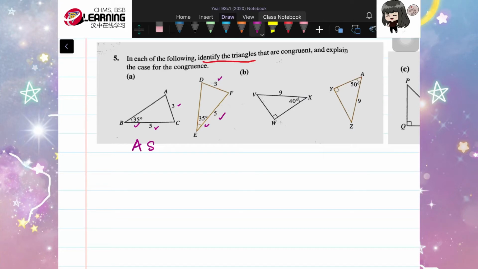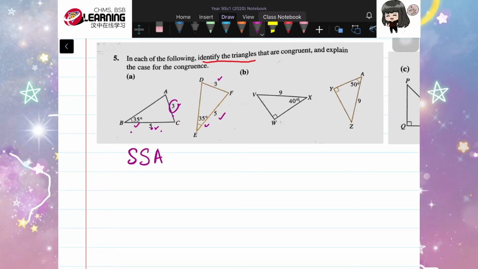Okay, it sounds very wrong. So let's say it's angle, side, the other side, but we cannot write AS because this angle is not included between two sides, right? It's not in between two sides, so we cannot write AS. So this is basically SSA. I don't write ASS because it sounds very wrong, right?